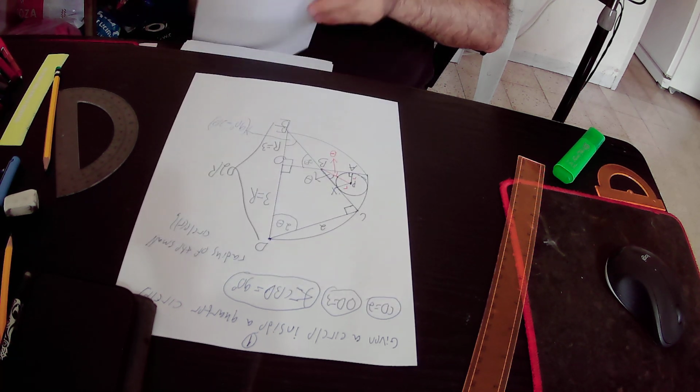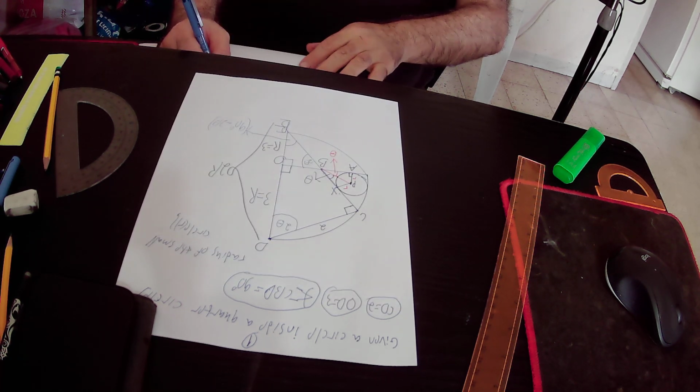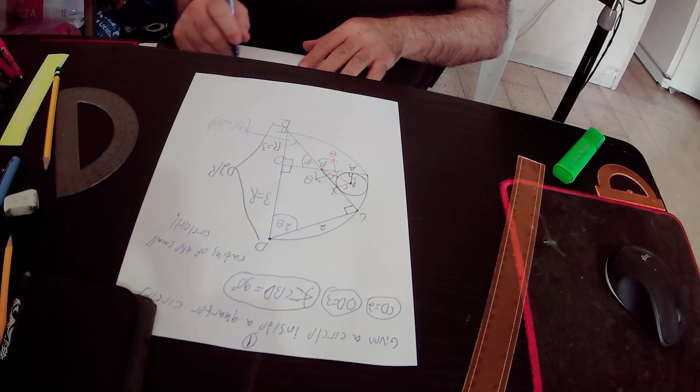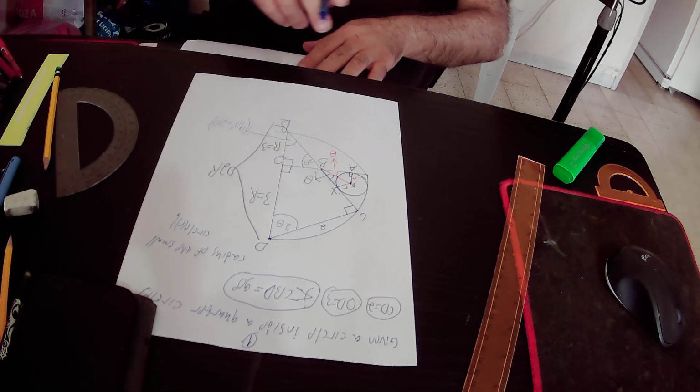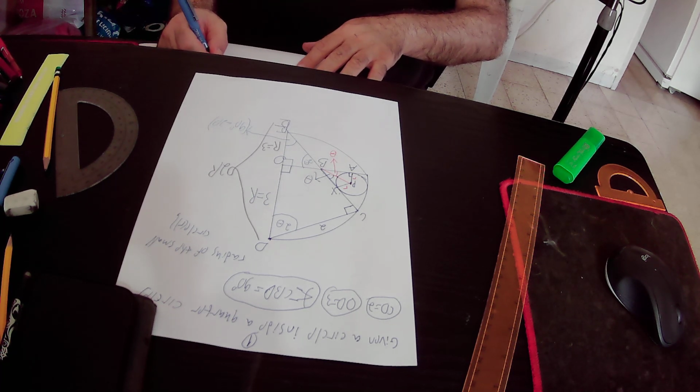But we have already found out that CE equals 4 times root 2, so we substitute CE by 4 times root 2, and it is given in the question that CD equals 2 units, so we divide it by 2.